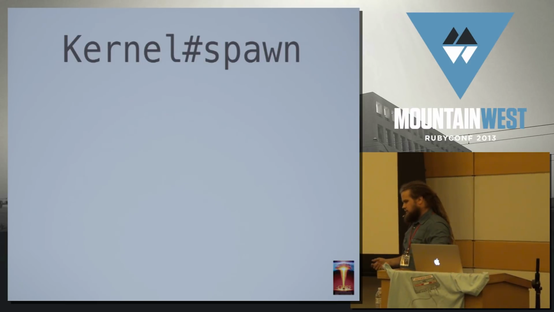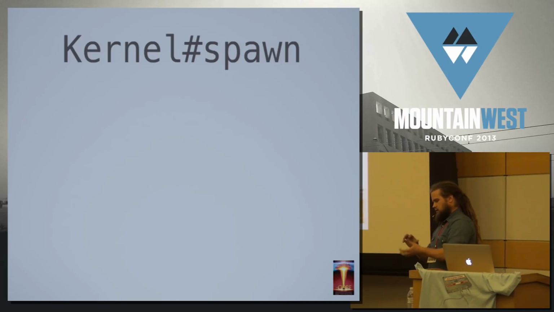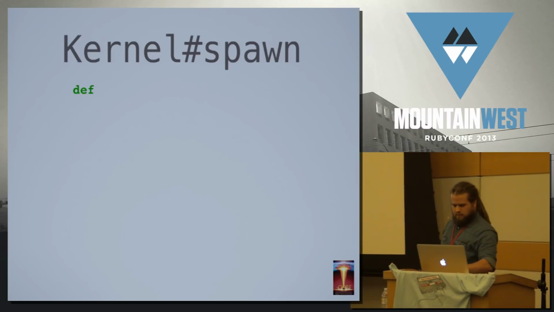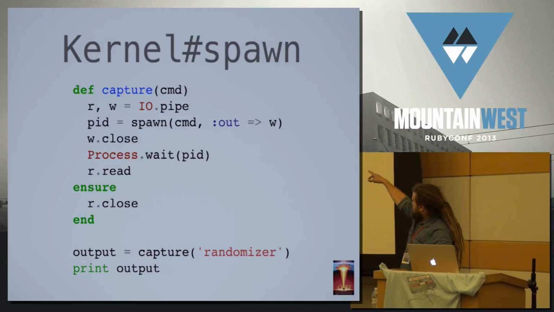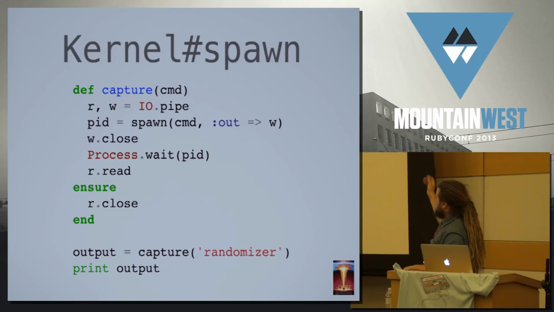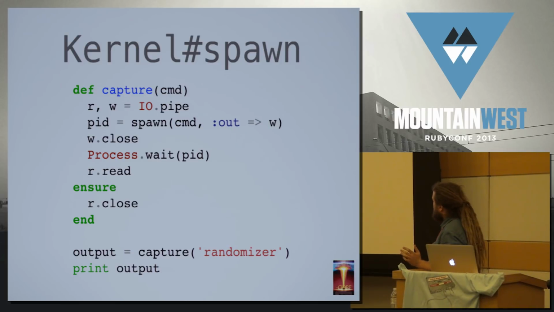Spawn is like system plus exec, fork exec on steroids. This method here, if we're going with great names for methods, captures I/O of a command.